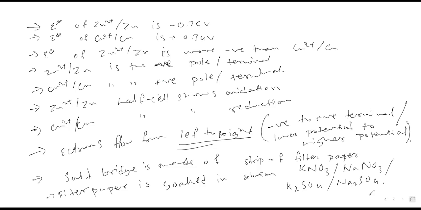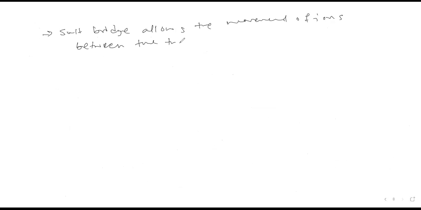Now this salt bridge allows the movement of ions between the two half cells. Though the salt bridge does not allow the flow of electrons.